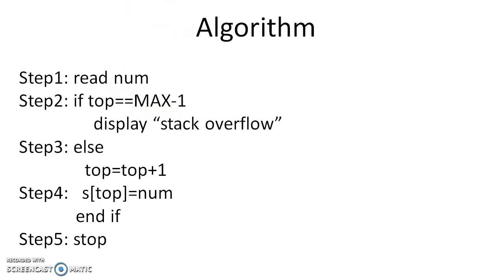That's why if the maximum -1 is reached, that is, the array has been completed, there is no place for inserting an element, so we display stack overflow. Otherwise the top is incremented by top plus 1, and in the stack at the top position I insert that number. This is the way we implement the algorithm for the push operation.